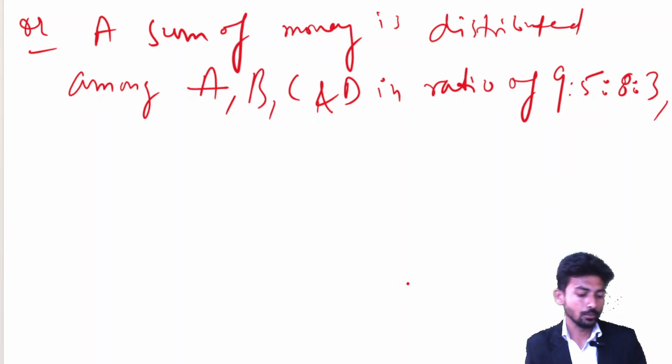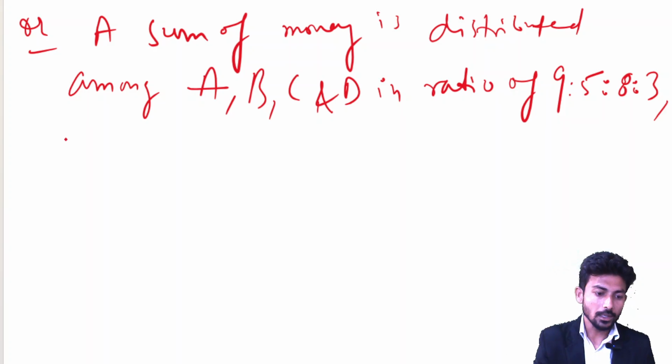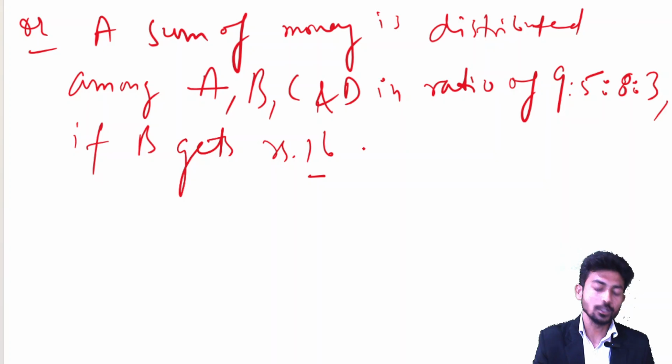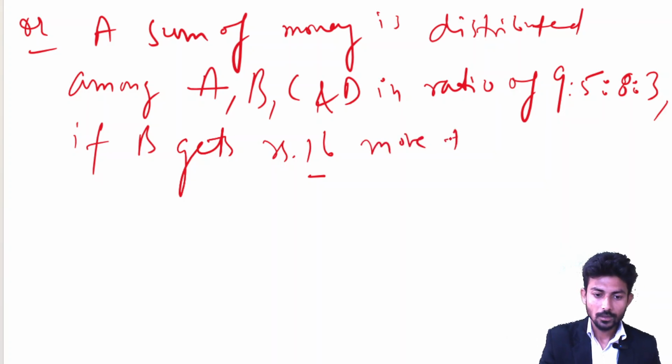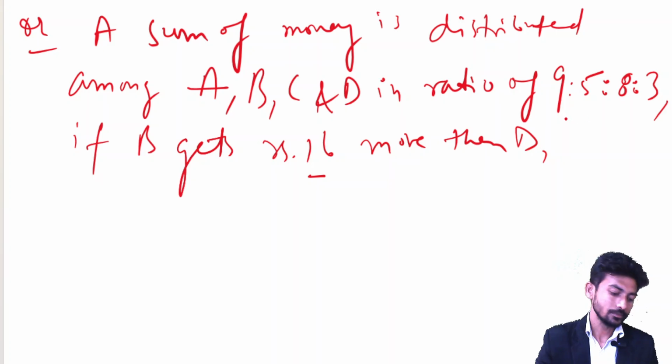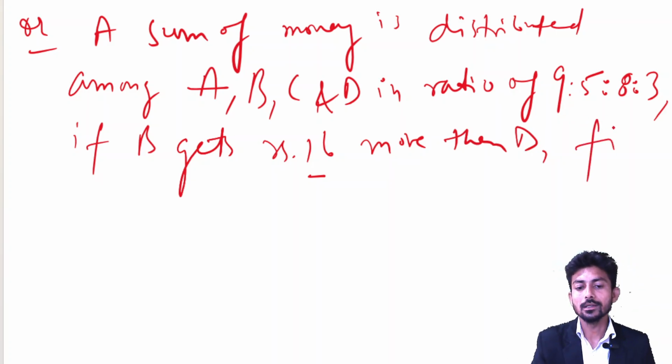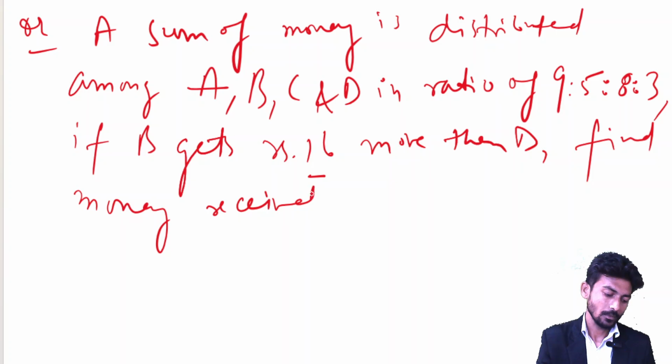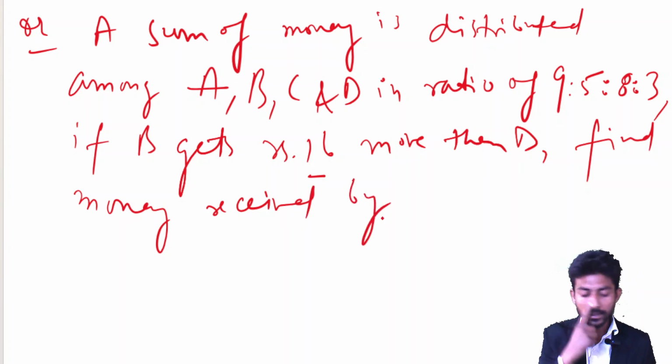Now if B gets 16 rupees more than D, find the money received by C.